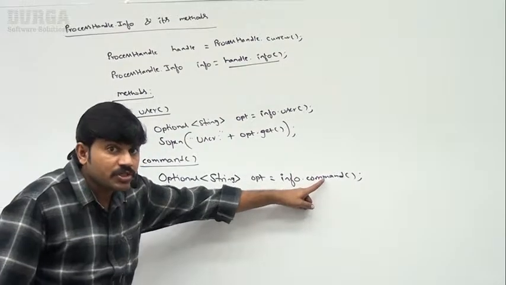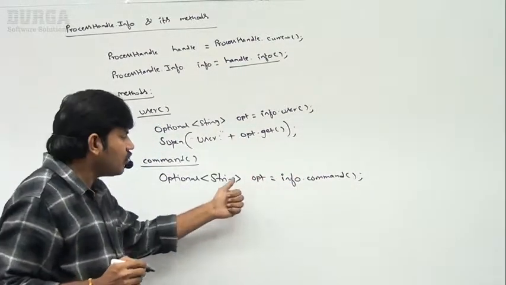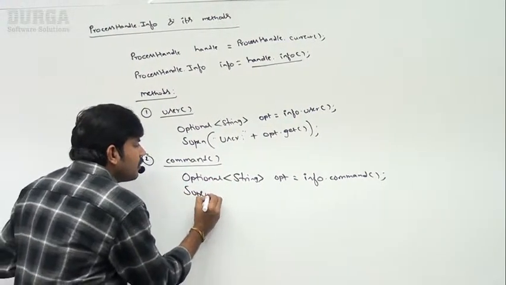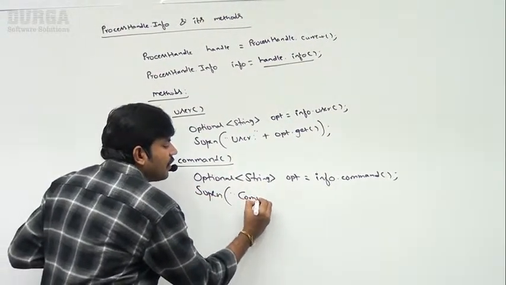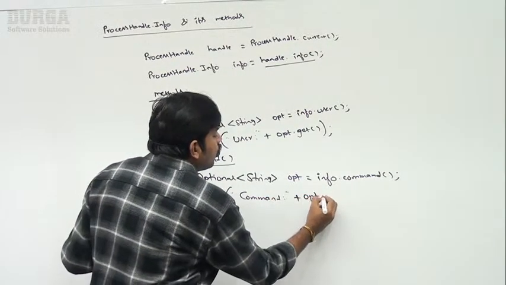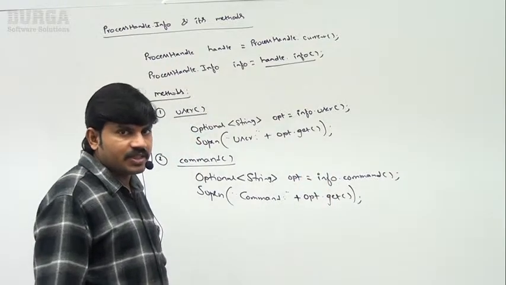Sir, by using which command? Here, which method am I using? Command is the method. Now the corresponding Optional object we will get. If you want, System.out.println of the command is opt.get(), right? Sir, don't worry, I will explain with an example.